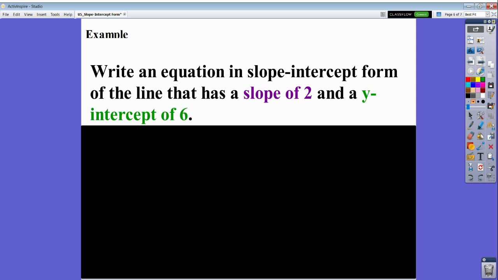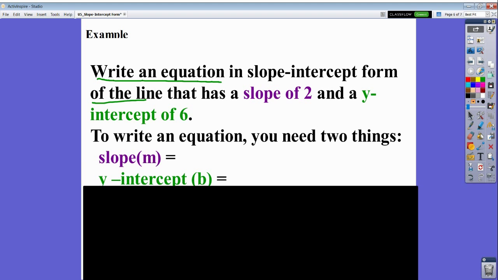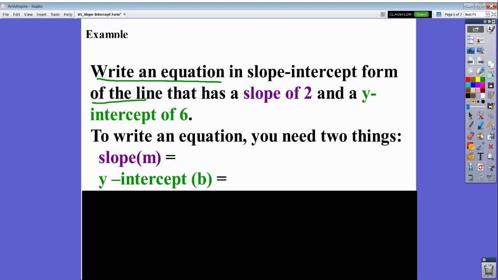The last example: they tell us to write an equation of the line that has a slope of 2 and a y-intercept of 6. Again, what two things do we need to find? The slope and the y-intercept, the m and the b. M is the slope, b is the y-intercept. In this problem, what is the m?